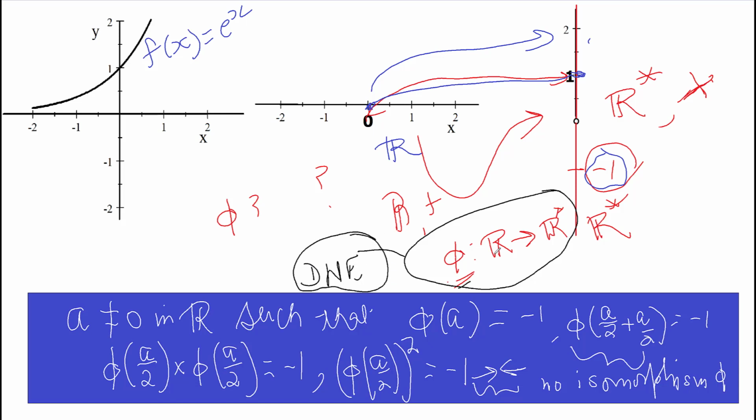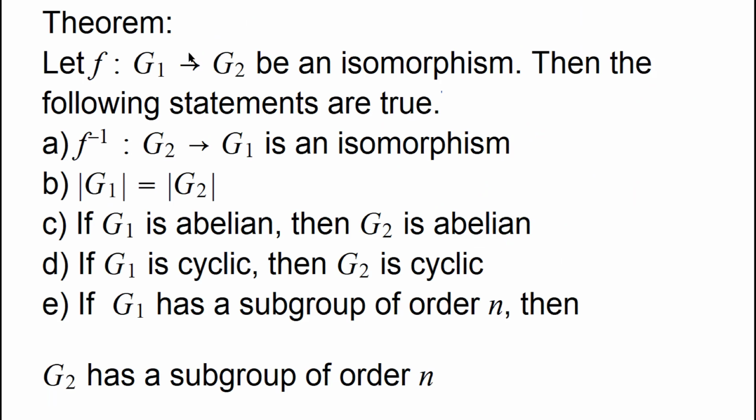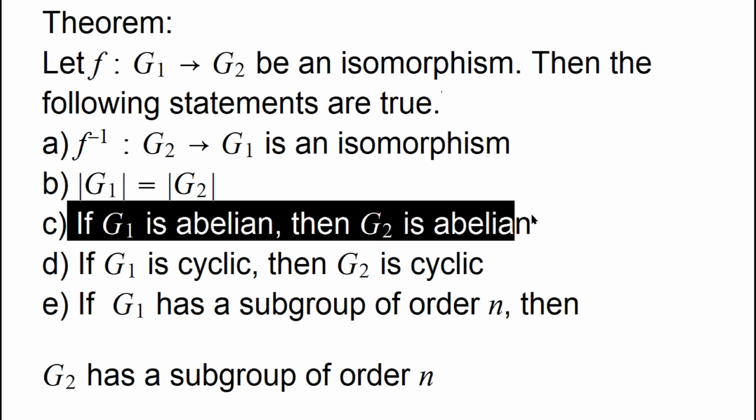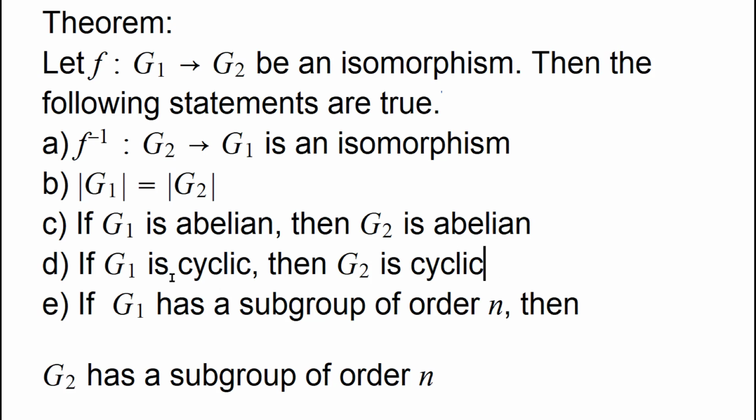Now let's take up the very first theorem of this chapter from the book: if G1 and G2 are isomorphic, then from G2 to G1 we have an isomorphism f inverse. Their cardinalities are the same. If one of them is abelian, then the other one is abelian. If G1 is cyclic, then G2 is cyclic, but by the inverse we have vice versa as well.